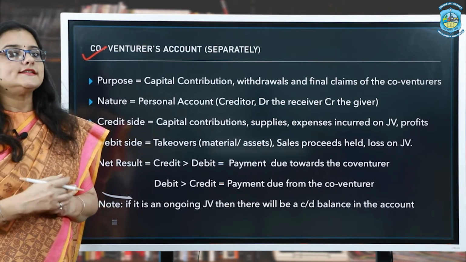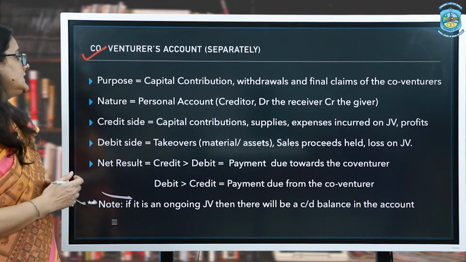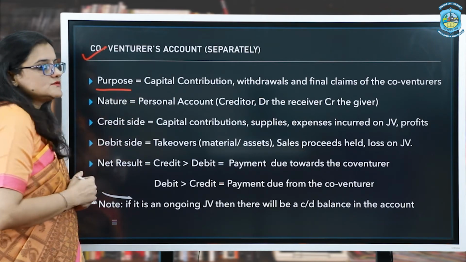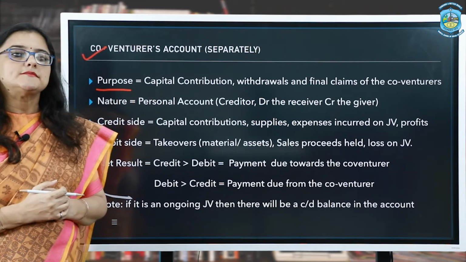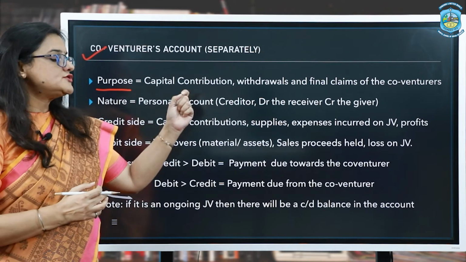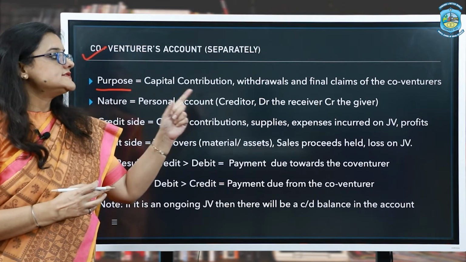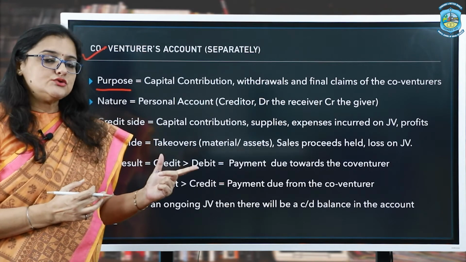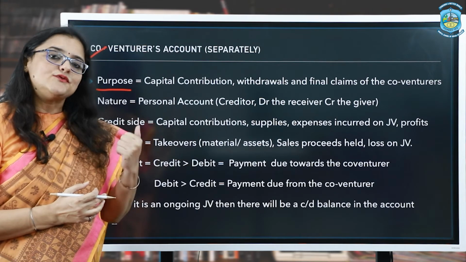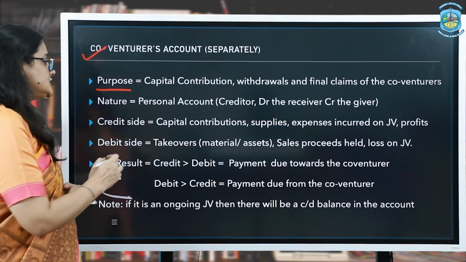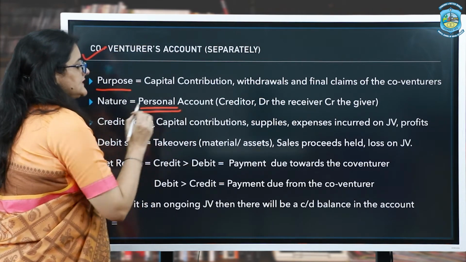So let's have a look at the co-venturers account. The purpose of preparing the co-venturer account is to see the capital contributions made by them, to check on the withdrawals that they have made during the joint venture, and to finally understand what is the claim that is due towards them or due from them. The nature of this account is that of a personal account.